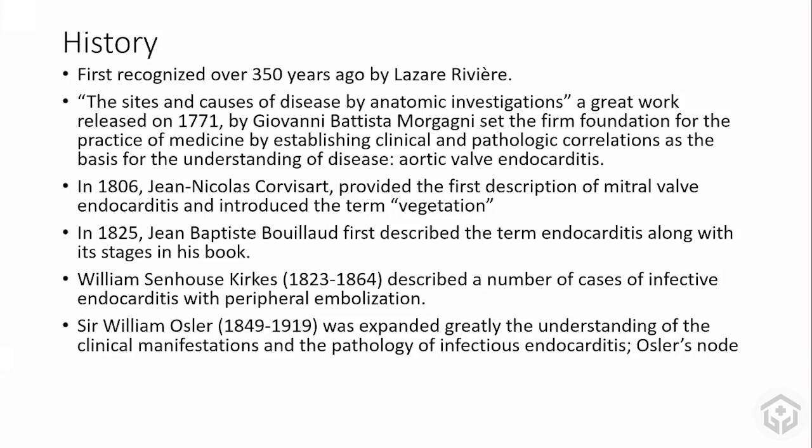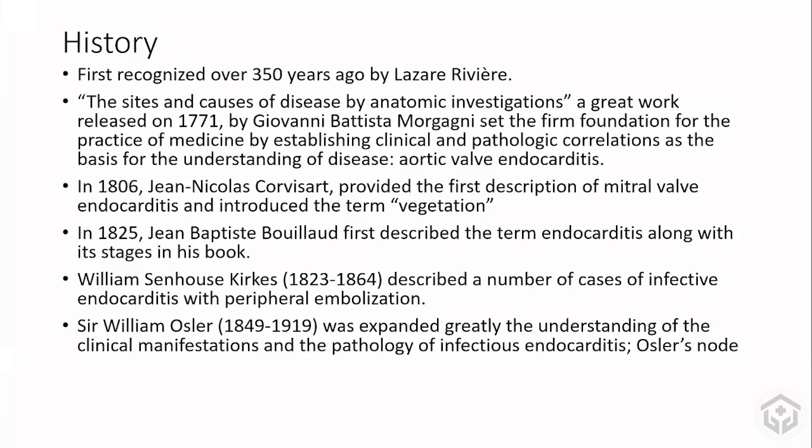Then in 1806, another physician, Jean Nicolas Corvisart, first described the term vegetations and also talked about mitral valve endocarditis. Next, in 1825, another physician described the term endocarditis along with its stages: early stage edema, then colonization, invasion, and later after healing, calcification.